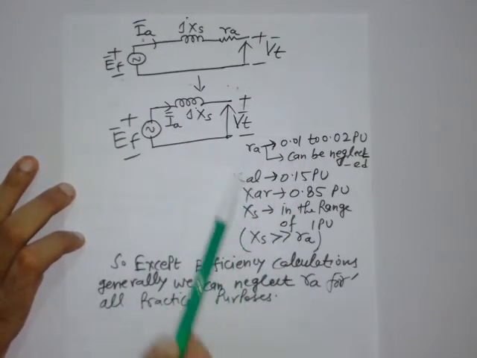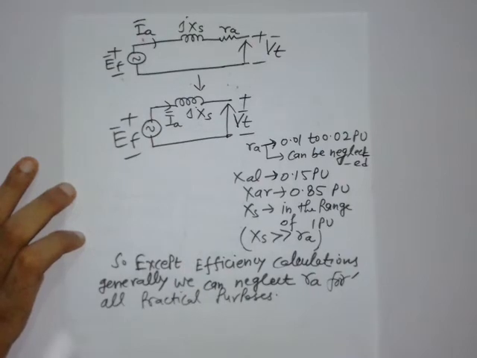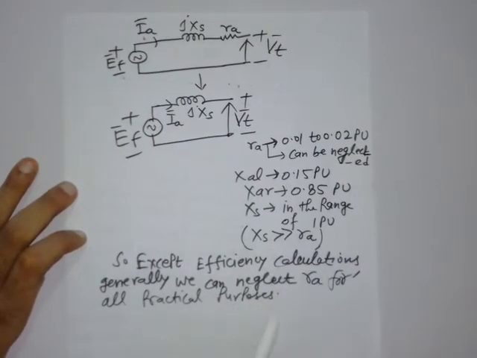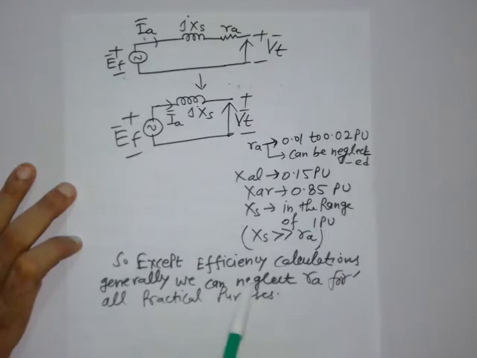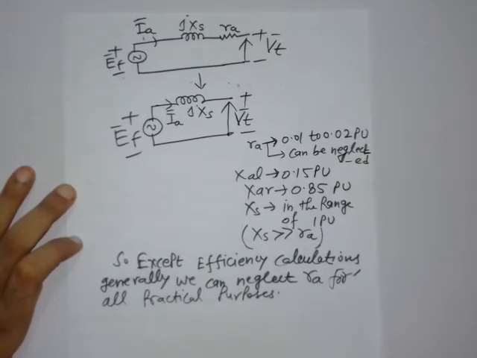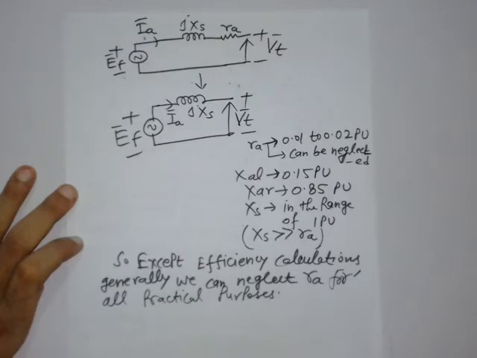When you solve the numerical, you will clearly understand this with the numerical values, right? Except for efficiency calculations, generally we can neglect armature resistance RA for all practical purposes, for ease of calculation. But when you have to do efficiency calculation, then you must take this RA in the calculation.